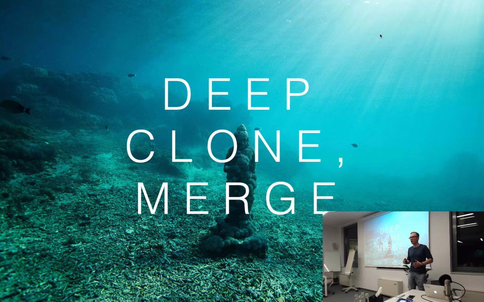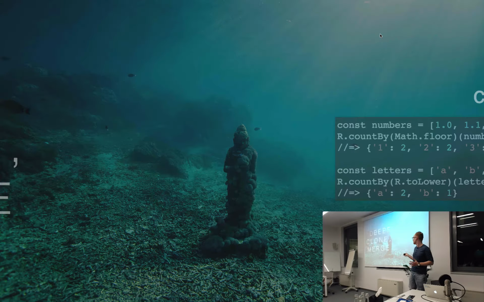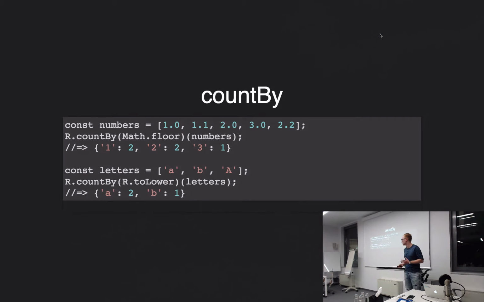Ramda provides us all the basic stuff why we like Lodash. So we have deep cloning for objects, we have deep equality validation. For example, we have several objects, we want to compare them. Okay, no problem. We have some additional functions like countBy. It will apply some function to every element of an array and will count the results.